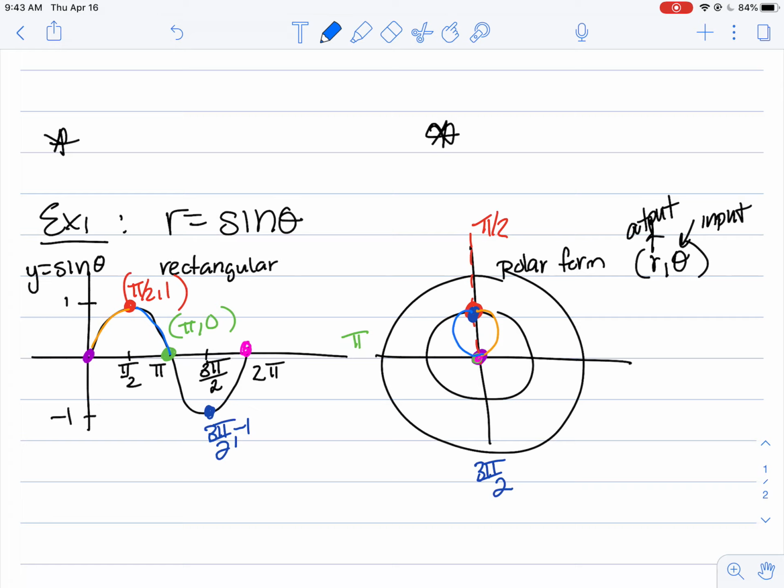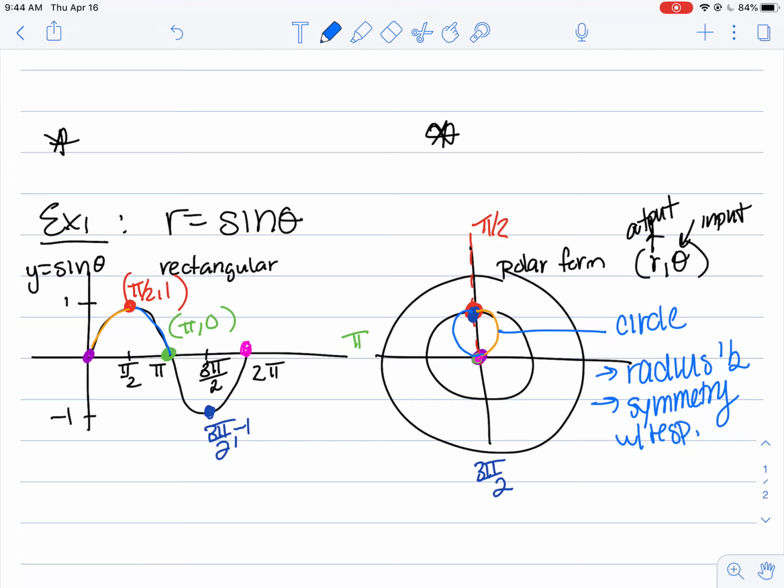This is a circle with radius 1/2. It has symmetry with respect to, we don't have a y-axis, so we're going to call it a vertical axis.